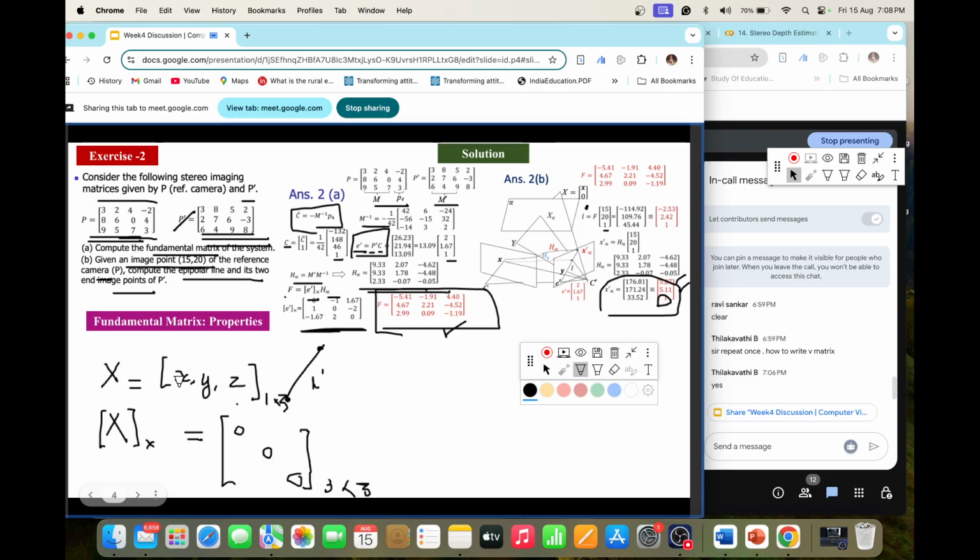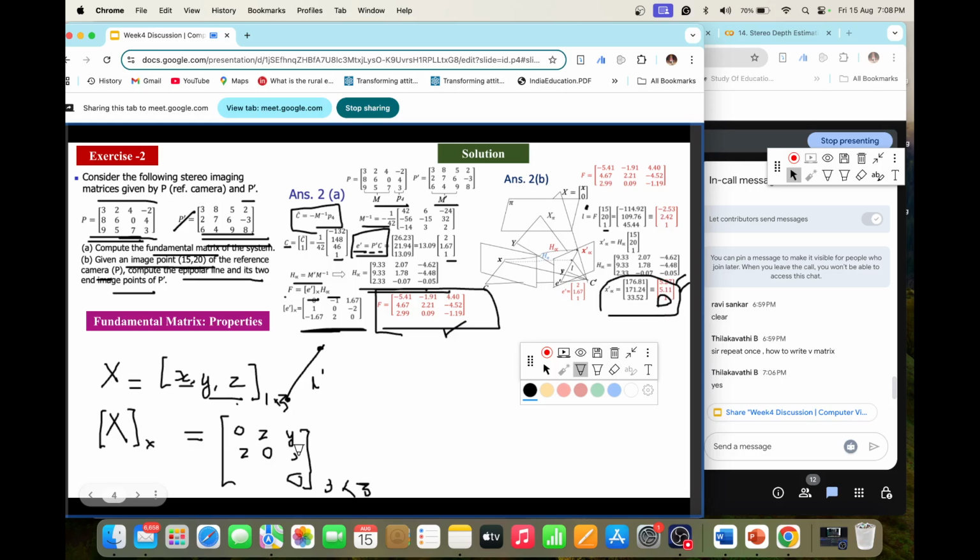Now what are you left with? In the first row you have put 0 in place of x, so you are left with y and z. If you have y and z, always write the z first and then y. In the second row y equals 0, so you are left with x and z, so always put the second element first: z and x.